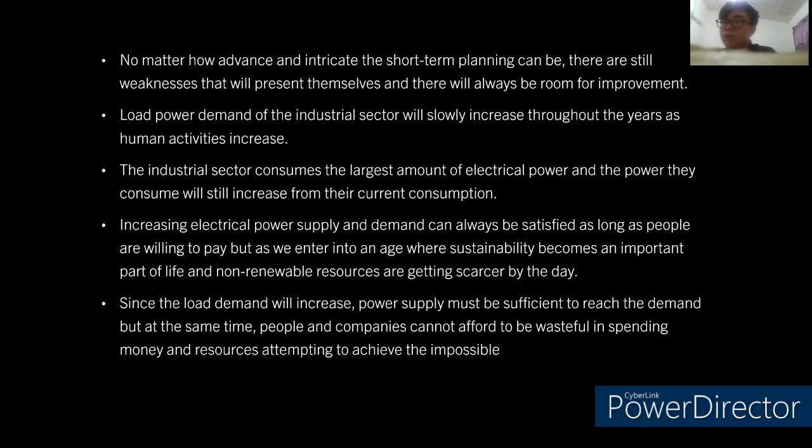Since the load demand will increase, power supply must be sufficient to reach demand, but at the same time, people and companies cannot afford to be wasteful in spending money and resources in attempting to achieve the impossible. Reliability and maintainability are important for the power system to go a long way.